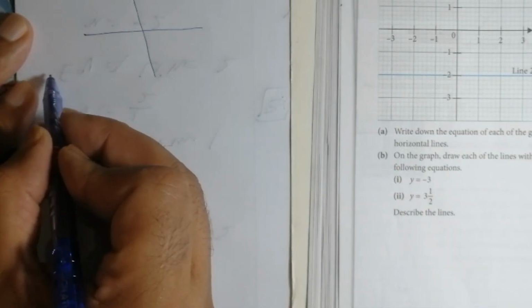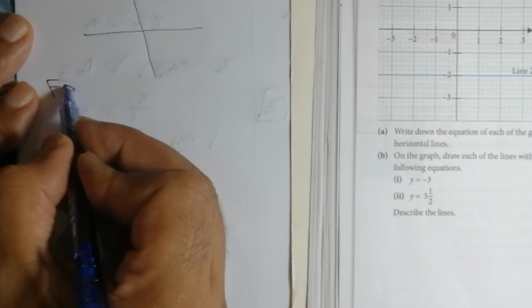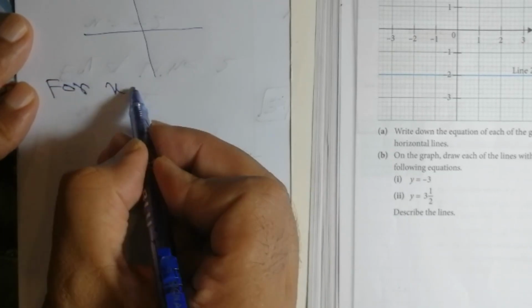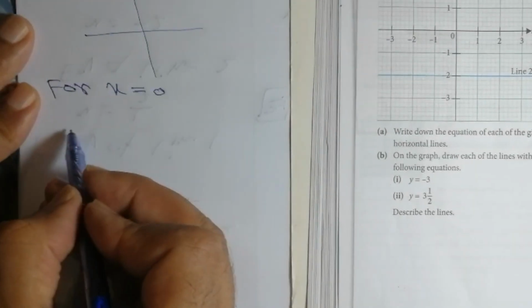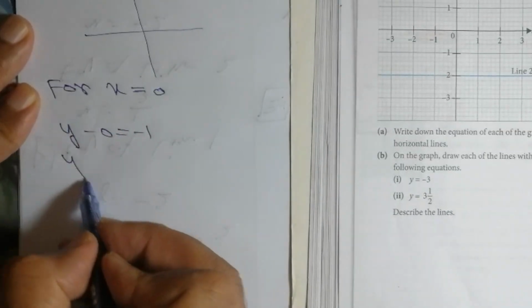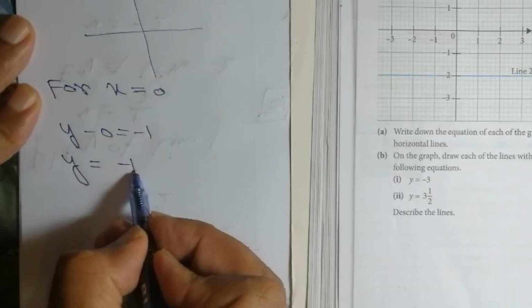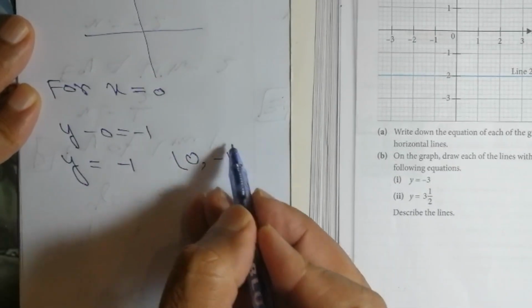If we put x equal to 0 in this equation, y minus 0 equal to minus 1, then y equal to minus 1. So one point is (0, minus 1).